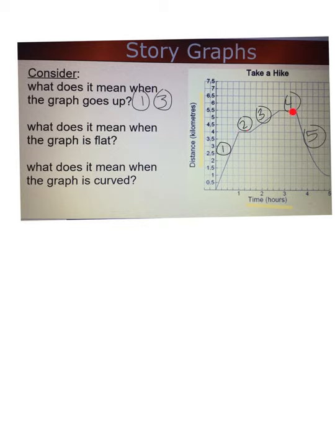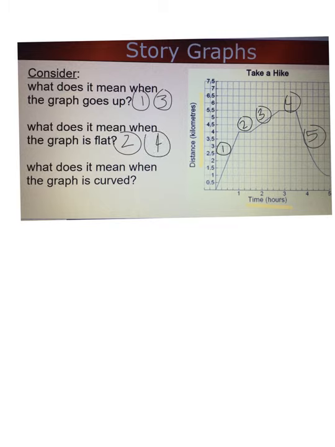The exact same thing happened here in section 4. So from 2 hours and 45 minutes all the way up until 3.5 hours, they didn't move. So they stayed at 5.5 kilometers. So they took another break in section 4. So I'll just write here so you remember section 2 and section 4.